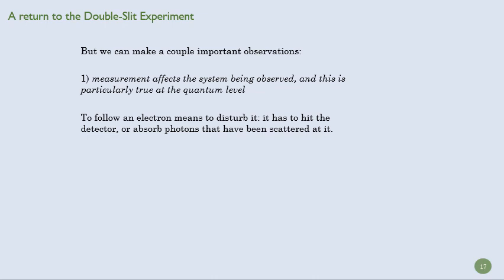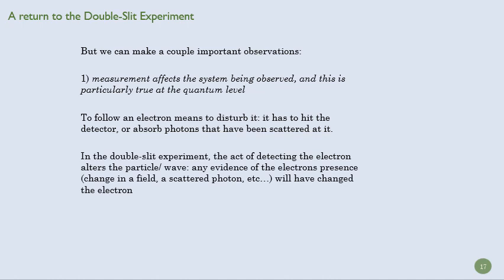It has to absorb some photons, it has to hit a detector of some sort, and that is going to change the way that it's acting. And so when we detect an electron in the double slit experiment, we're clearly changing that electron or that photon, and that's changing its behavior. And so it becomes impossible for us to observe that without changing the situation that we're observing.